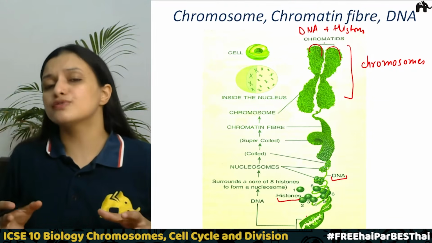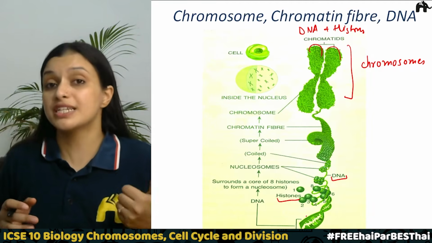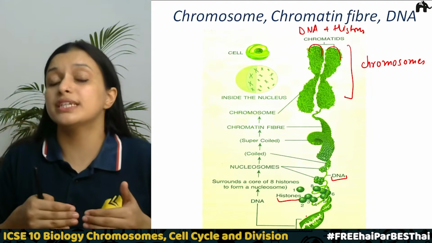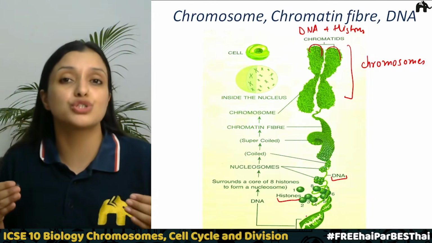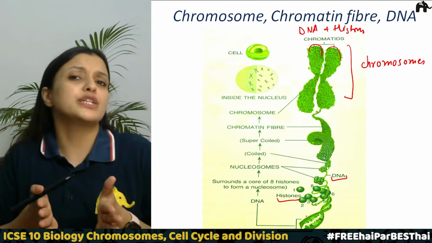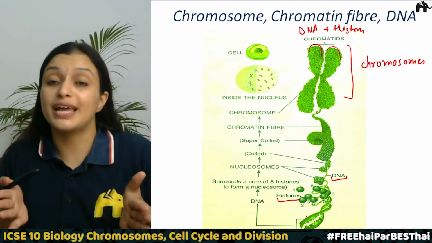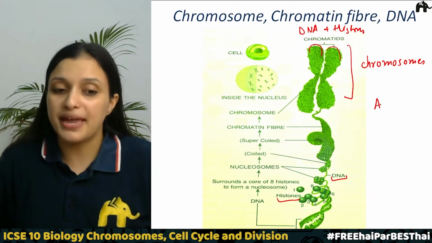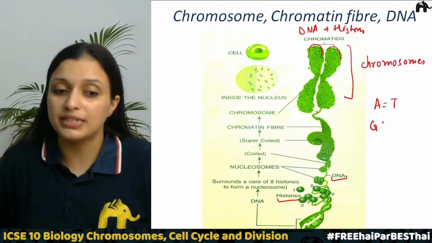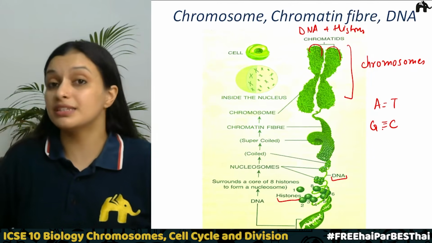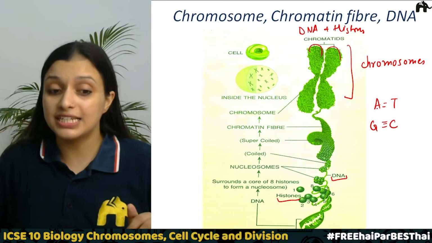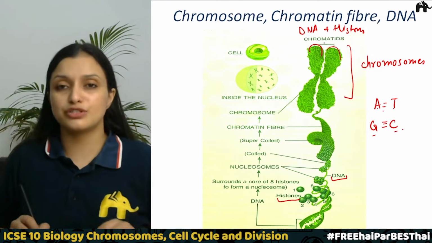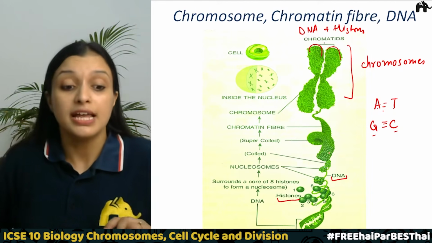The strands of DNA are made up of phosphate and pentose sugar, and these two strands are joined with each other with the help of nitrogenous bases, which are joined to each other with the help of what? Hydrogen bonds. So adenine pairs with thymine and guanine pairs with cytosine. Same are the number of bonds. Like adenine and thymine, there are 2 hydrogen bonds, and in case of guanine and cytosine, there are 3 hydrogen bonds.